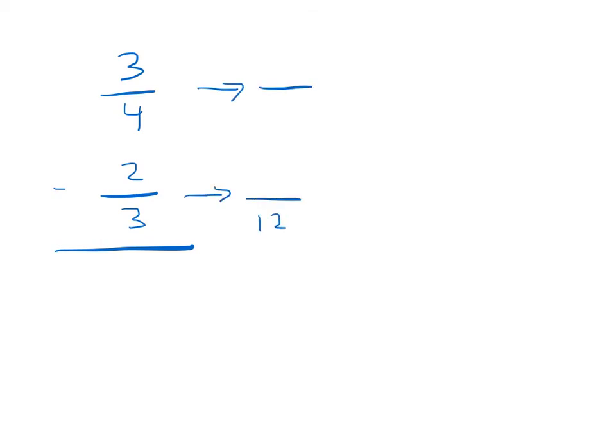Alright, in example 2 here we do some subtraction. 3/4 minus 2/3. And again, I can't keep either of these denominators here. I know that 3 times 4 is 12, so I'm going to change my denominators to 12. Let's see, 3 times 4 equaled 12, so 2 times 4, that will be 8, so I can make this 8.